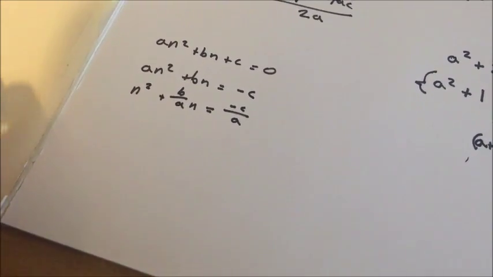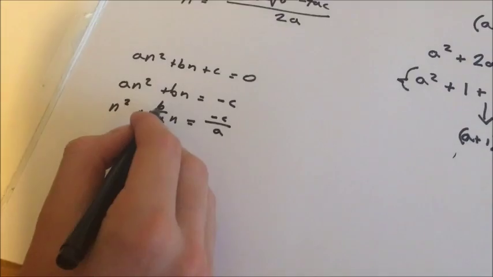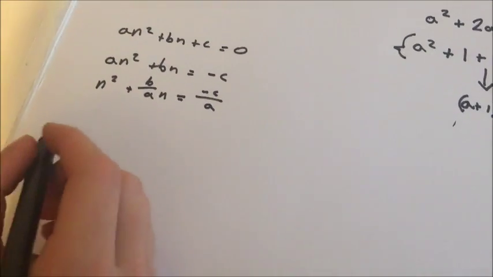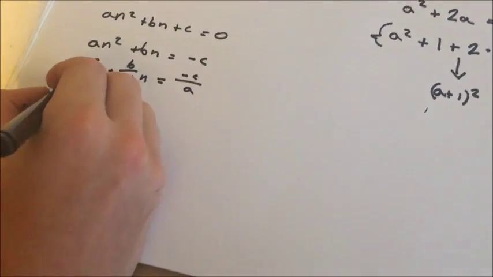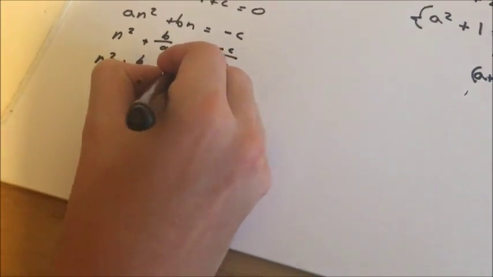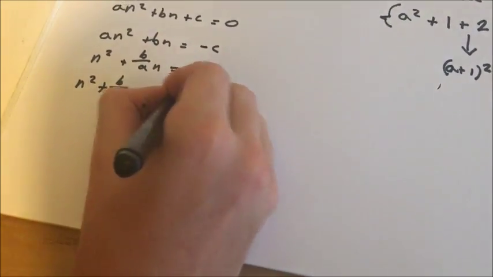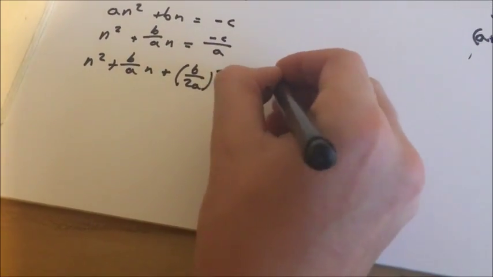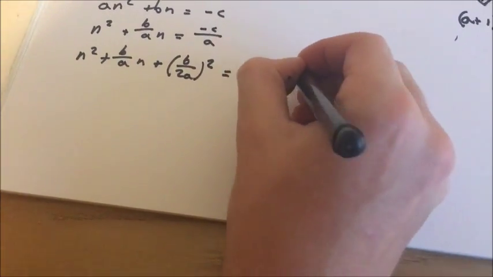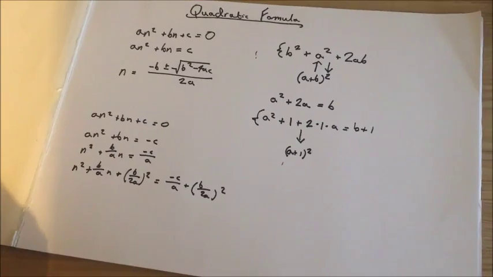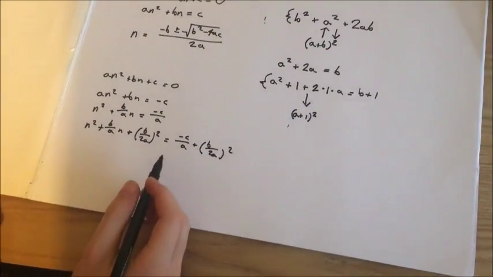Then I want to take this, halve it, and square it, and then add that onto both sides. So now I have x squared plus b over a x plus (b over 2a) squared is equal to negative c over a plus (b over 2a) squared. All we really have to do is rearrange this slightly.